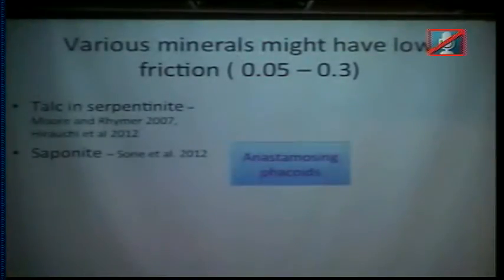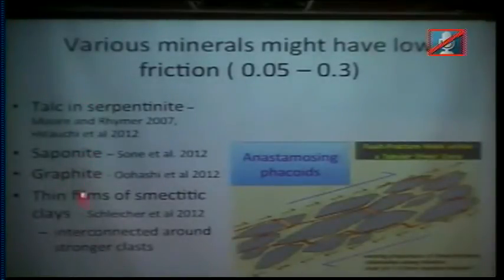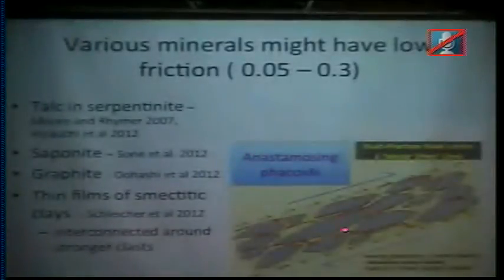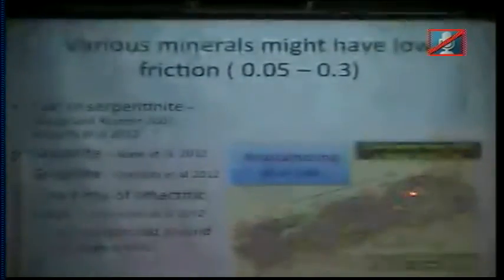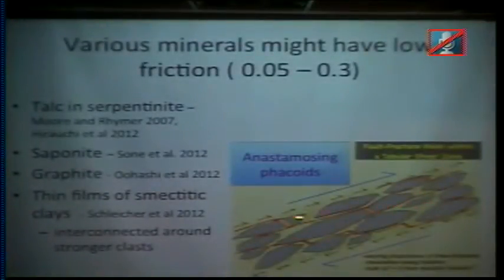Recent studies in the lab on various minerals actually find very low frictions on a number of minerals. And I list some of them here: talc, saponite, graphite, thin films of smectitic clays, and recent studies. And here's a figure from Rick Simpson of anastomosing factoids, which is just such a weird term. But these are hard pods separated by weak, almost flowing, slippery serpentinite or clays.